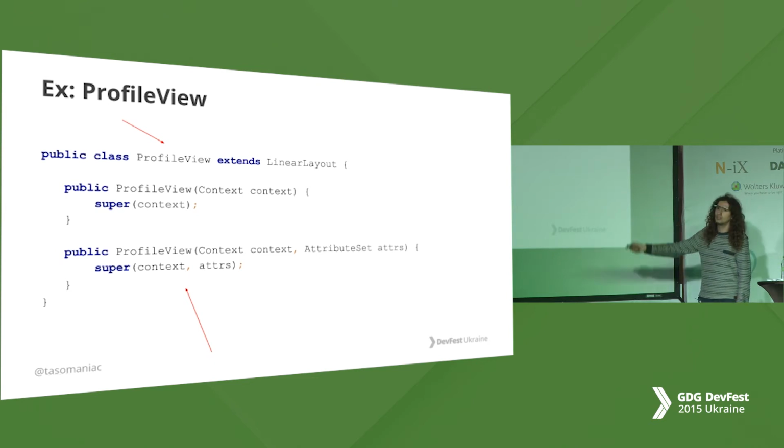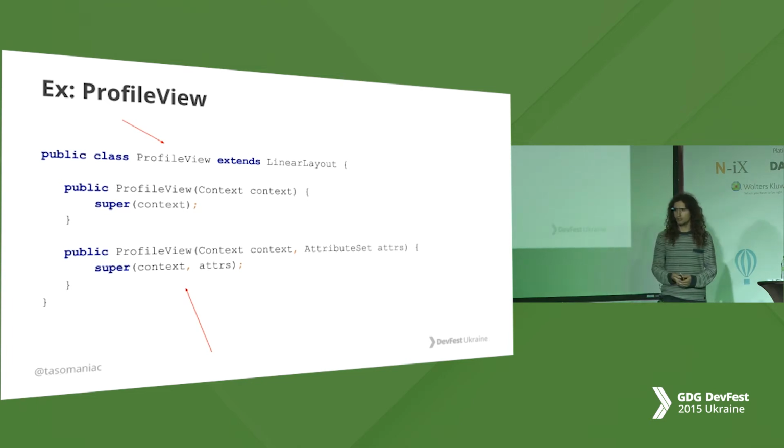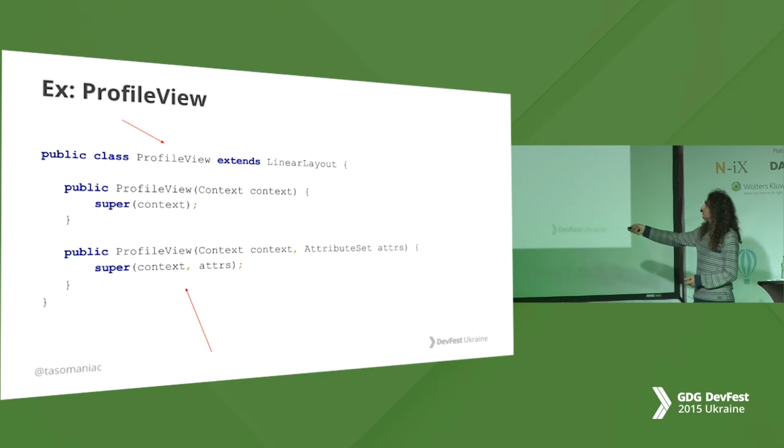This is used when you inflate your view programmatically inside your Java code. And these other constructors are mostly not used programmatically by the Java code. These are used by the system when the views are inflated using the XML layouts.